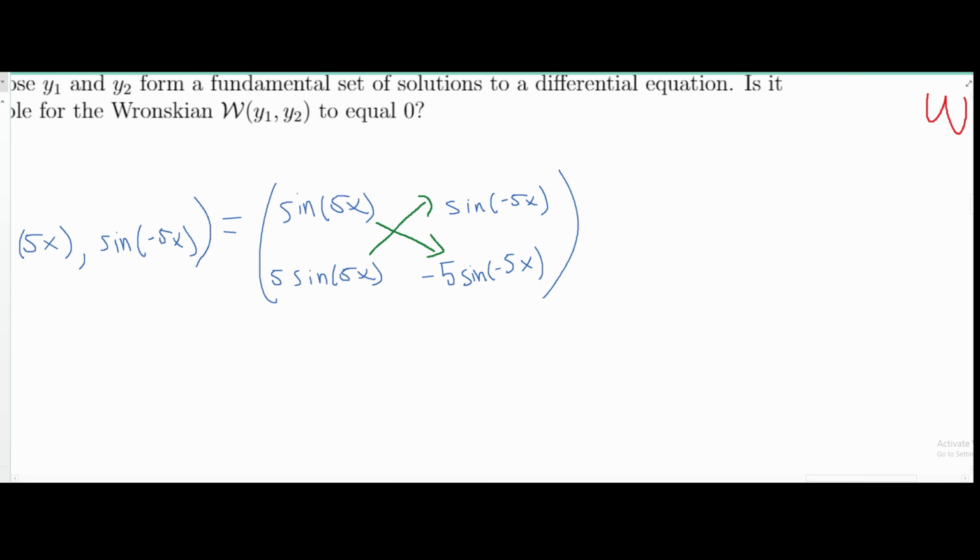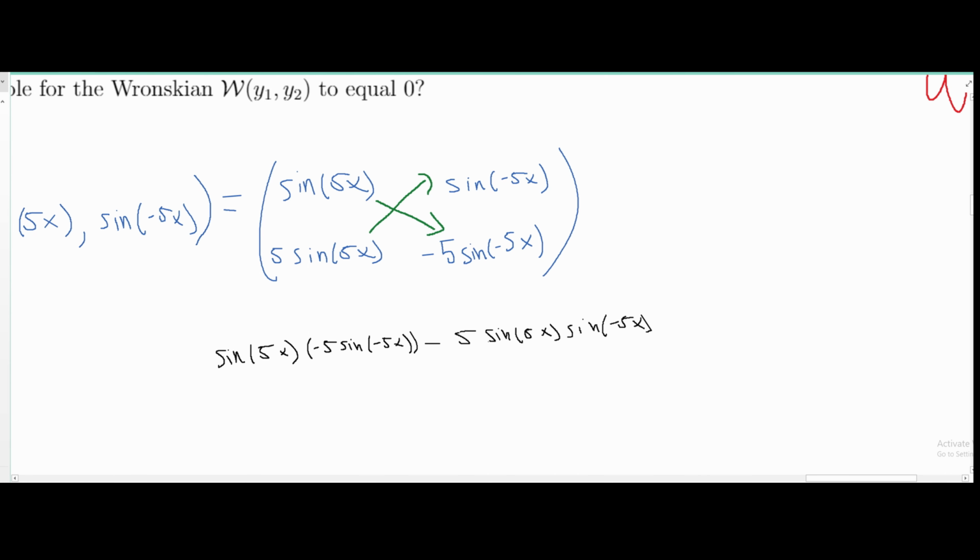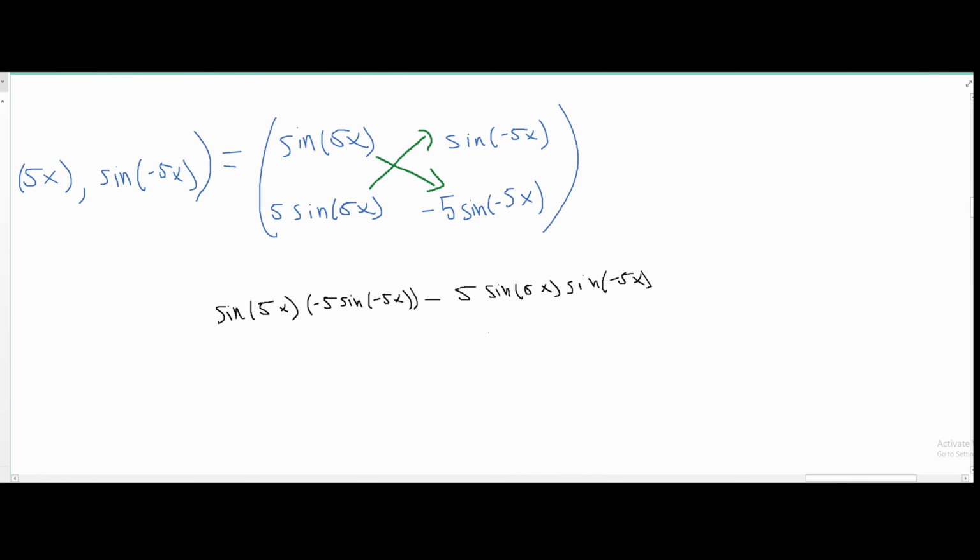We are going to have sine of 5x times negative 5 sine negative 5x, minus 5 sine 5x times sine negative 5x. Since these are exactly the same, they're just going to add to be negative 10 sine 5x sine negative 5x.